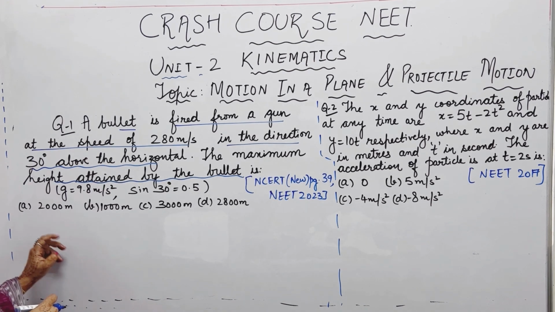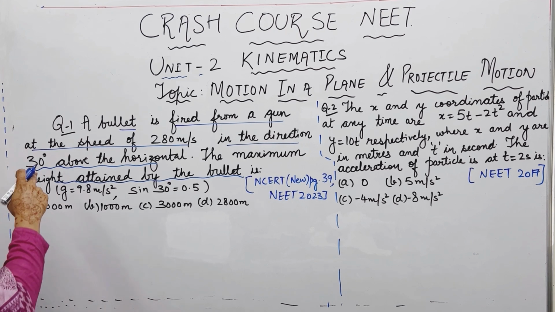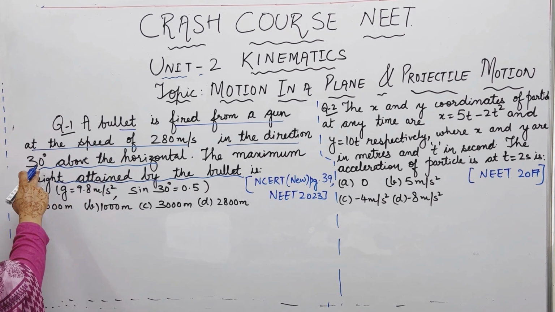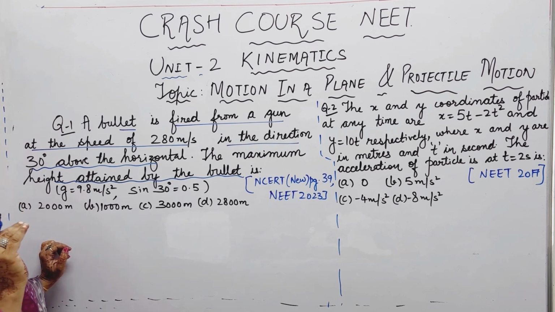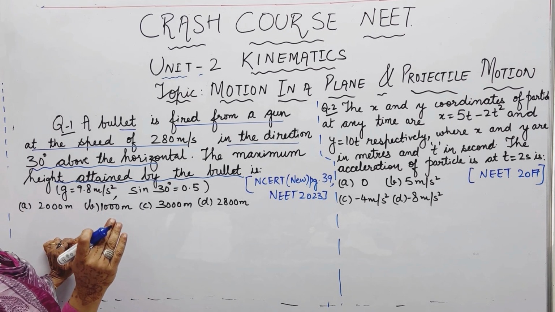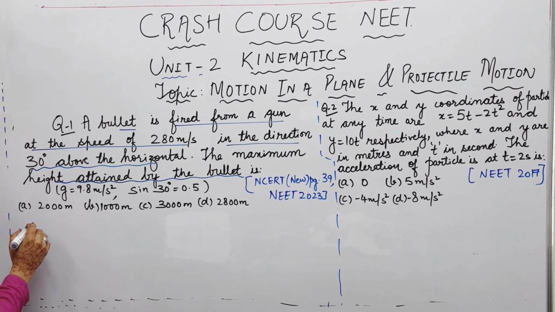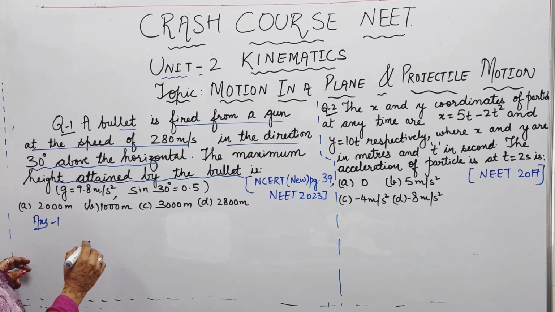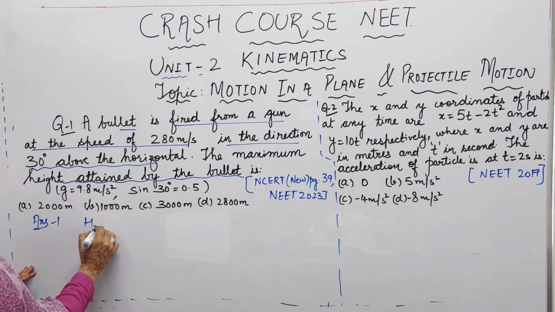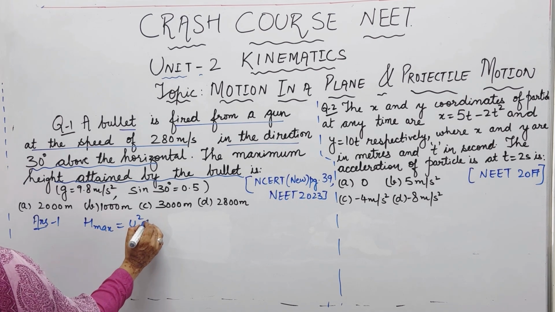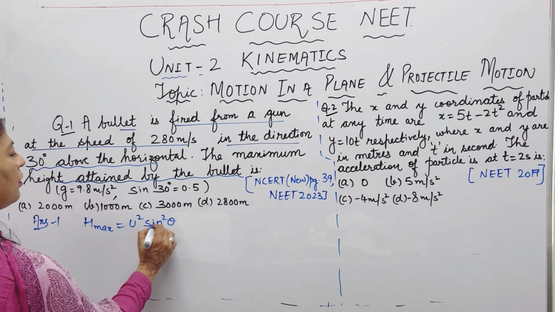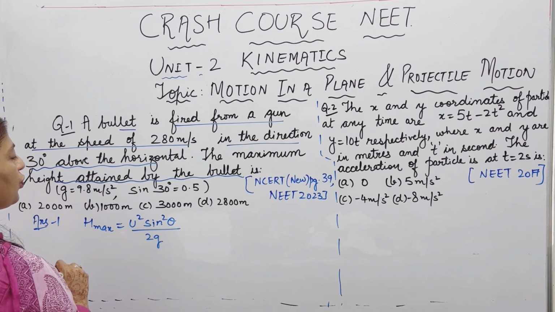This question has come in NEET 2023, and this is on page number 39 of the new NCERT. So if you look at the statement of the question, this is a direct question that has been asked, that a gun is fired at the speed of this in the direction 30 degree. Here the projectile is fired at some angle with the horizontal. And if you remember the concepts, there we have done that the maximum height attained is given by u square sine square theta over 2g.